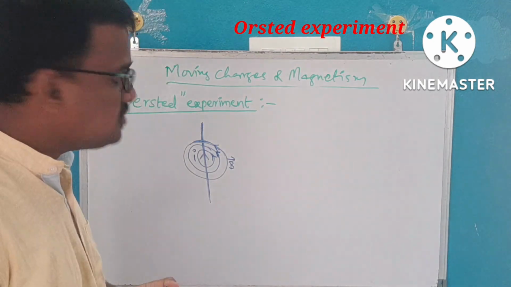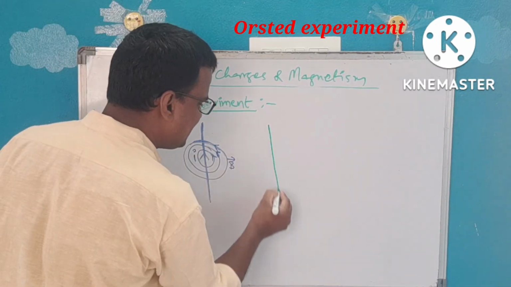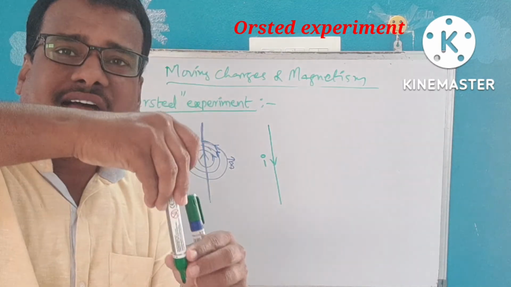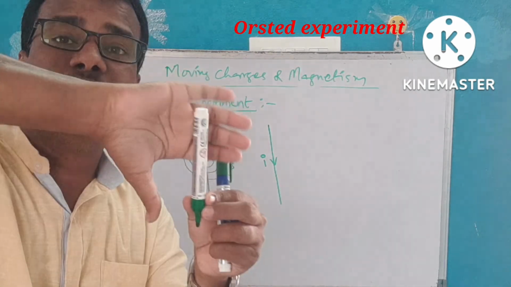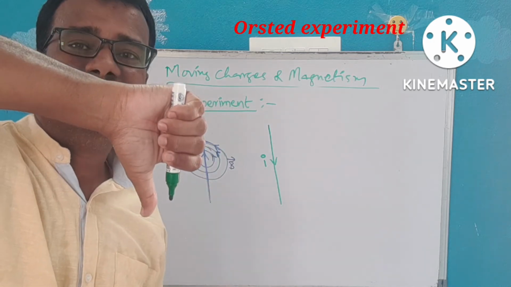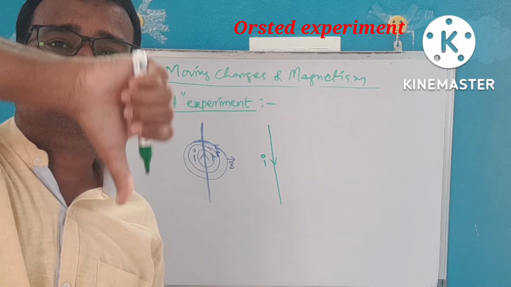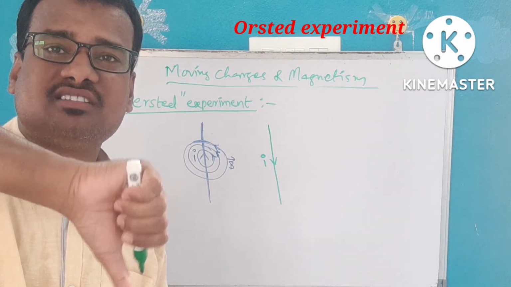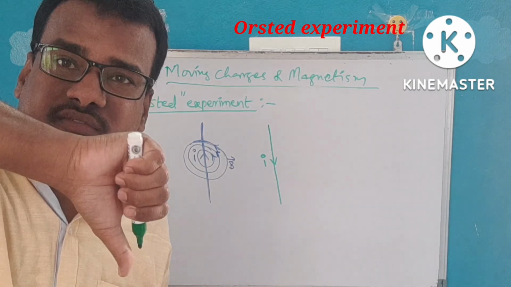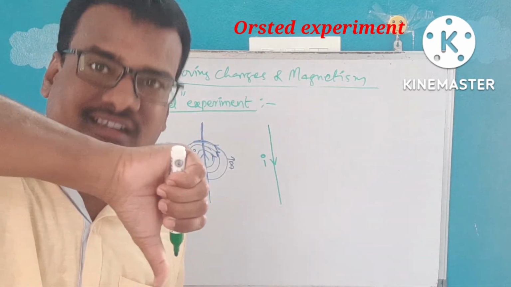Now if we reverse the current direction, then what happens? I place my right hand thumb in the current direction and curl the fingers like this. The thumb represents the current direction, and the curl of the fingers represents the magnetic field direction around the current carrying conductor.